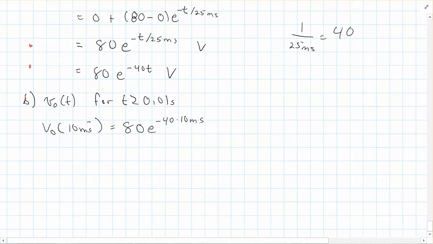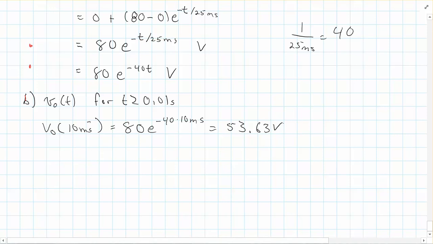And then you just do this computation. So let me do that computation quickly. And rounding it, I'll do it to 2 decimal points, you get 53.63 volts.